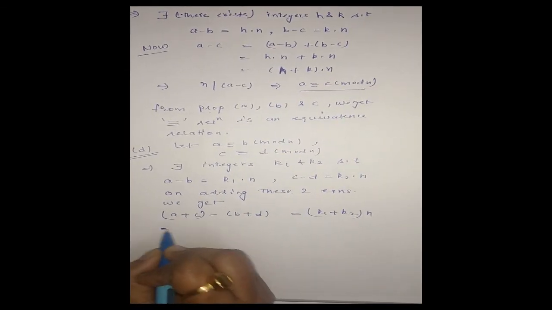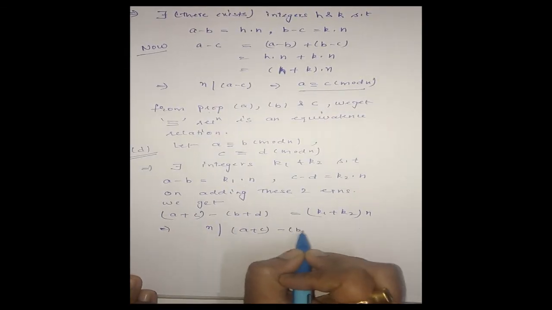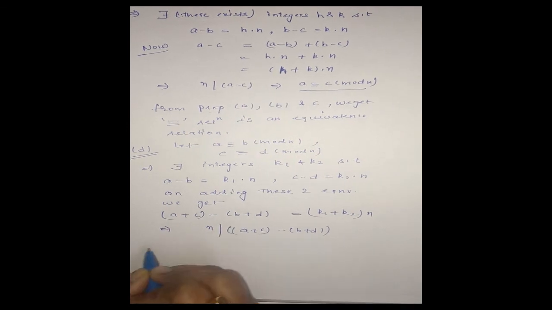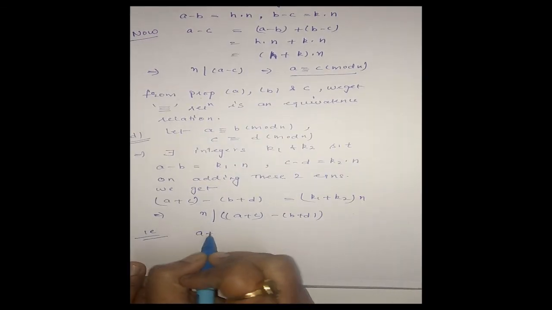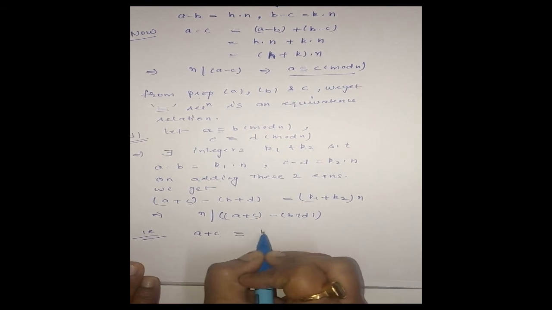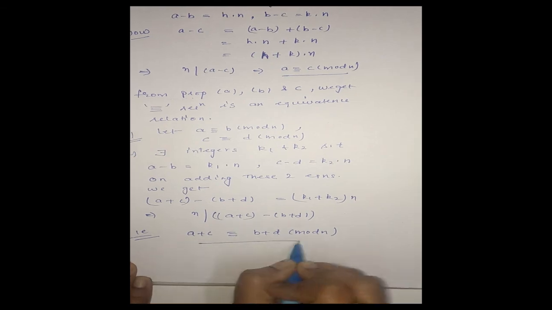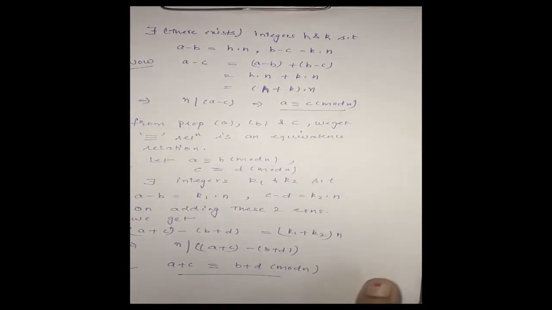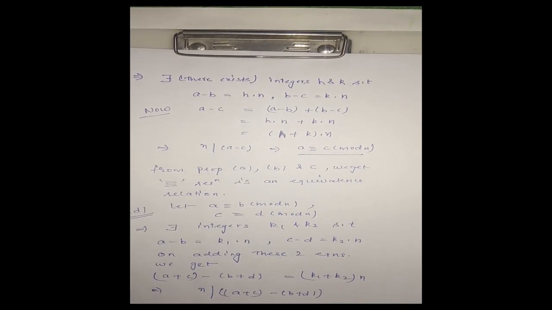And this will imply n divides a plus c minus b plus d. That is we can say a plus c is congruent to b plus d modulo n. Clear? Now we will prove a into c is congruent to b into d modulo n.